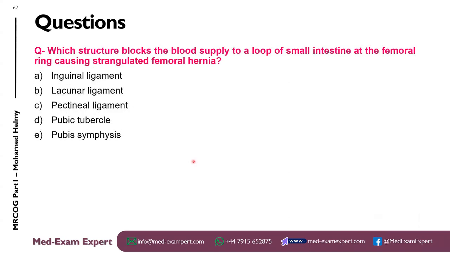Which structure blocks the blood supply to a loop of small intestine at the femoral ring, causing strangulated femoral hernia?